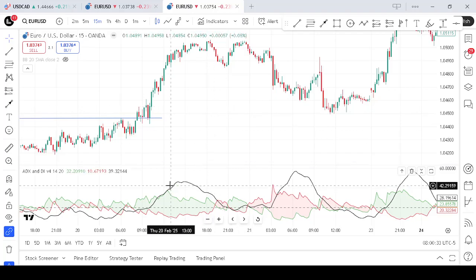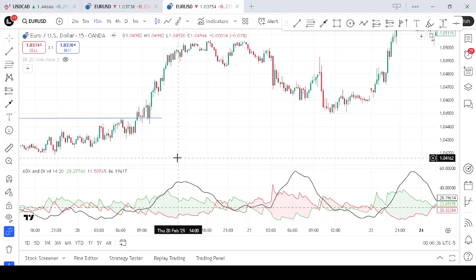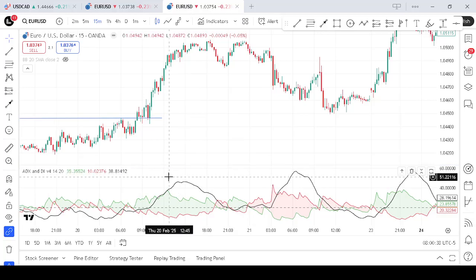This ADX line, this black line, measures the strength and not the direction. A high ADX reading doesn't necessarily mean a trend reversal is coming. Always use the ADX in conjunction with the positive DI and the negative DI lines to determine your trend direction.